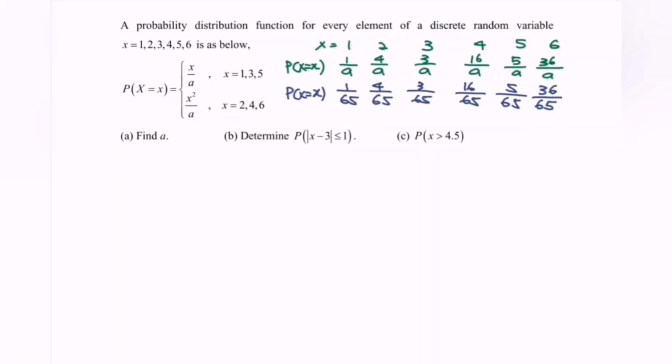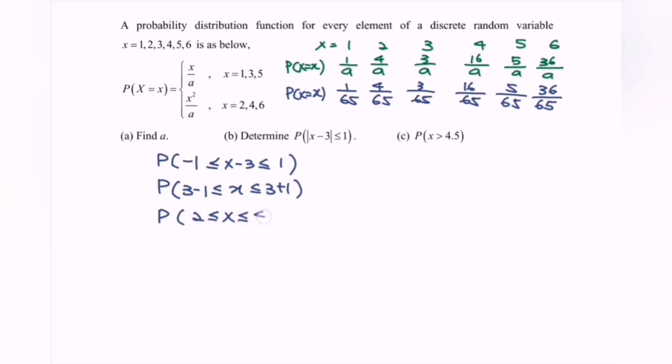So kindly refer to question B, where we want the probability that the modulus of x minus 3 is less than or equal to 1. So we have an inequality, x minus 3 between negative 1 and 1. Simplifying, the probability that x is between 3 minus 1 and 3 plus 1. So finally, the probability that x is greater than or equal to 2 and less than or equal to 4.